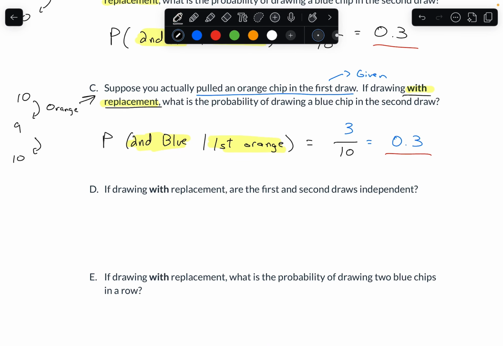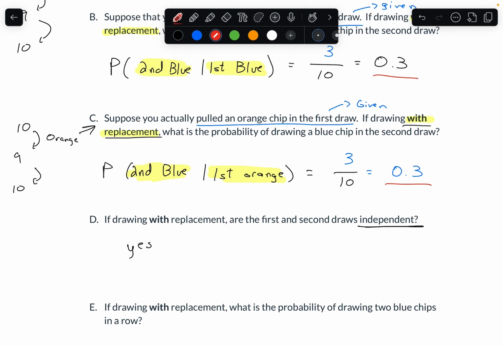So in part D, it says if drawing with replacement, are the first and second draws independent? Remember, when we talk about independence, we're saying that the outcome of one event doesn't tell me anything about the outcome of the other. So in this case, yes, they are independent, because we saw we had the same probability if the first one was blue versus orange.